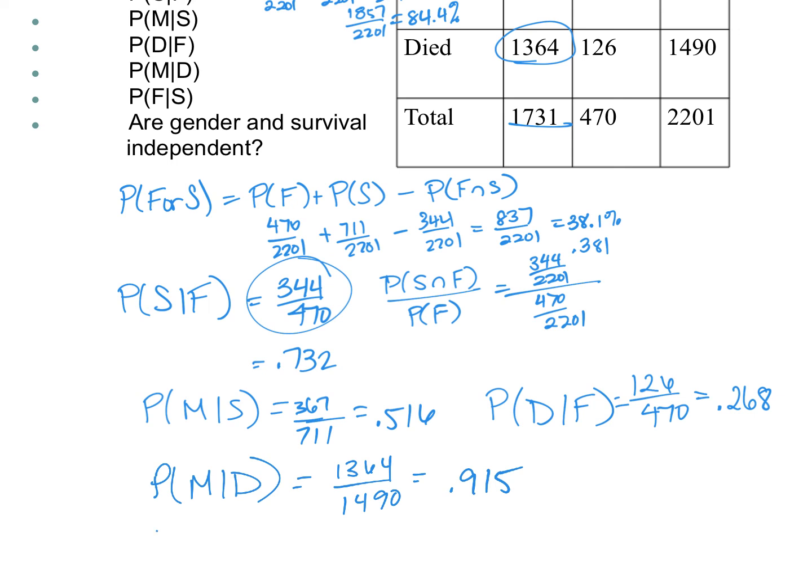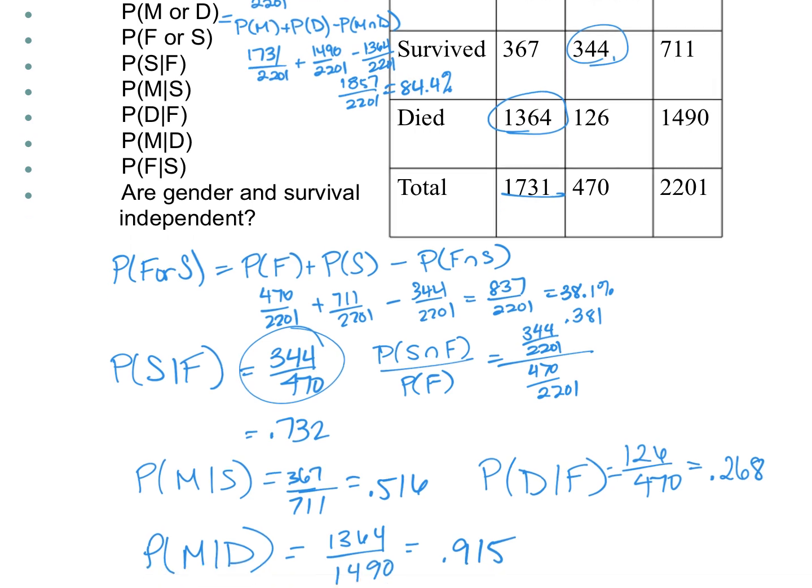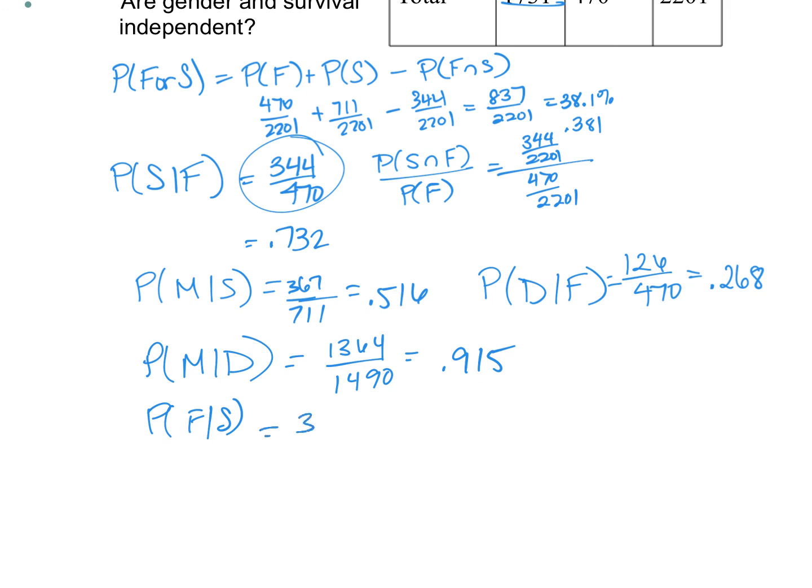And lastly, what's the probability that they were female given they survived? 344 over 711. 0.484.